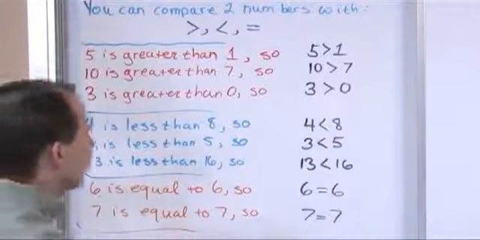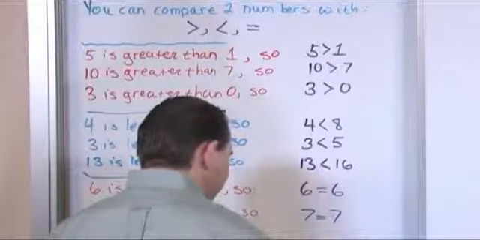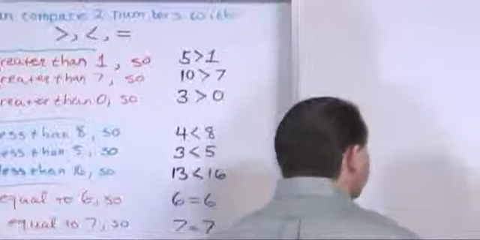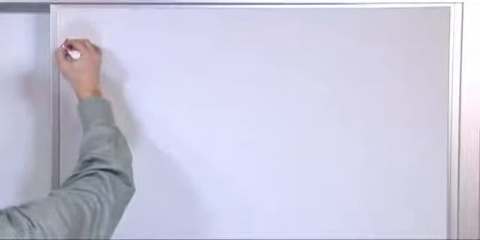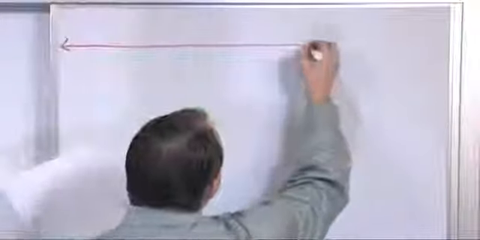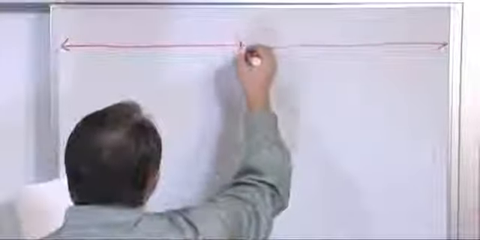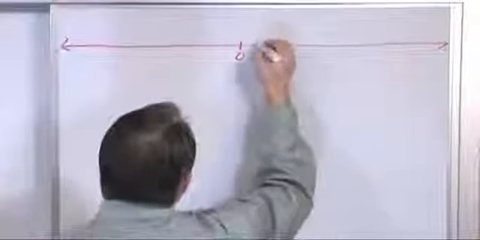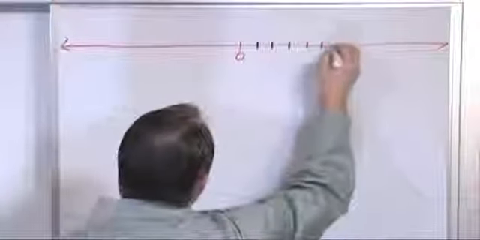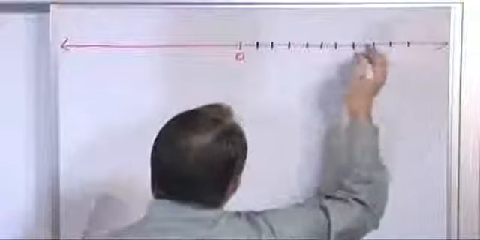Now, we're going to do one more thing before we button up the section, just to give you a little bit of additional practice. What we're going to do is draw a big long number line again, just so you can have it as a reference. So this is 0, and let me go ahead and do this. 1, 2, 3, 4, 5, 6, 7, 8, 9, 10.